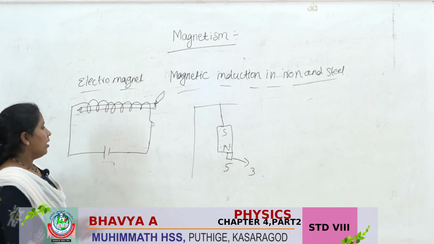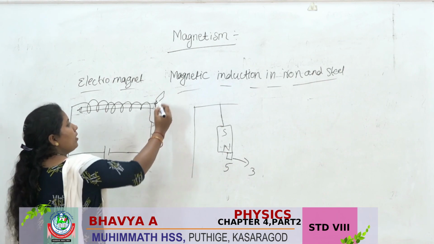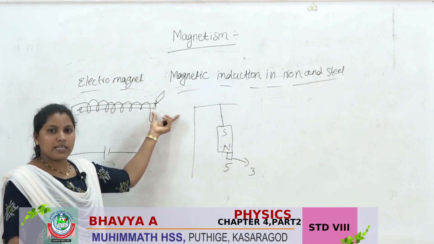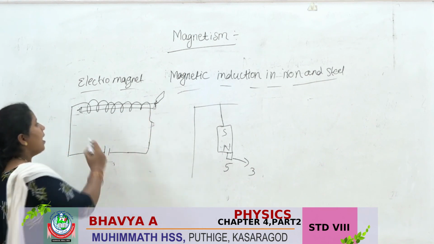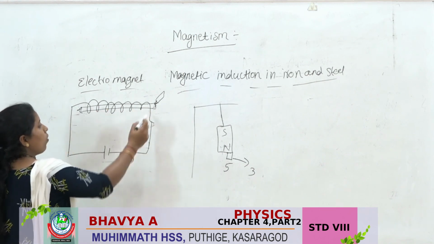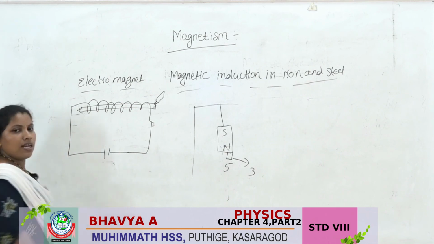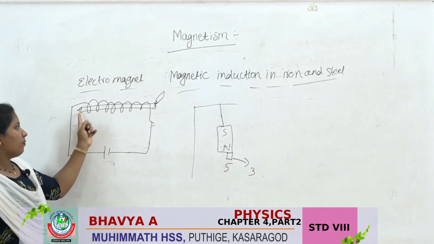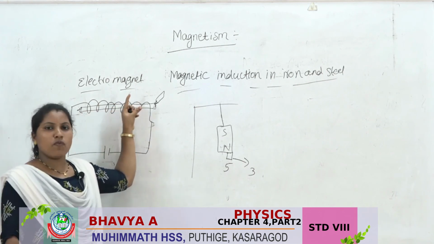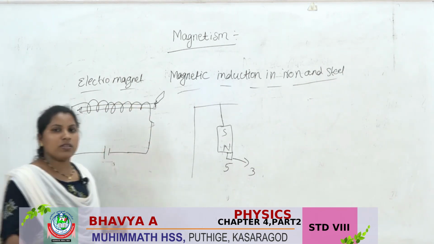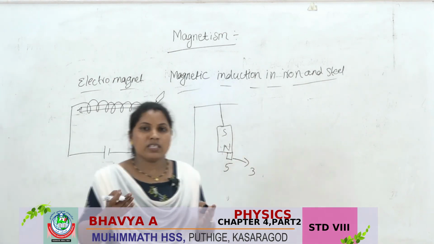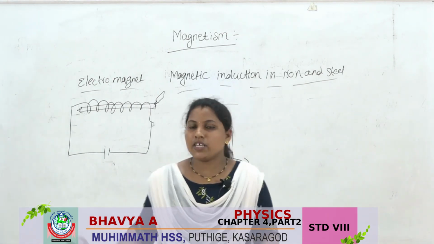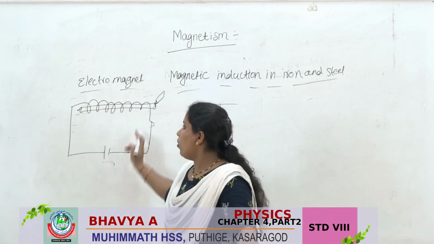So the magnetic power of this iron piece increases by increasing the number of turns of the coil, by increasing the number of batteries, and by increasing the cross-section area of the iron piece. At that time we can increase the magnetic power. This arrangement is called the electromagnet.